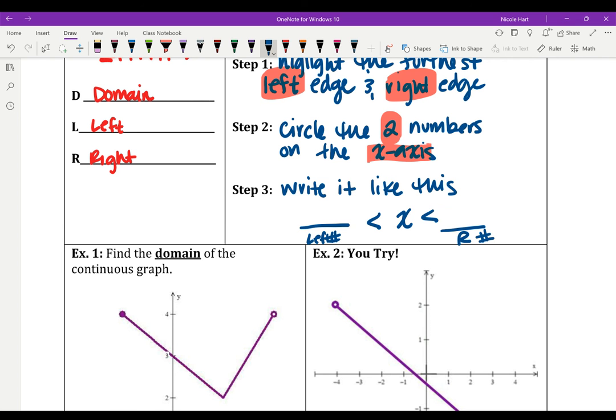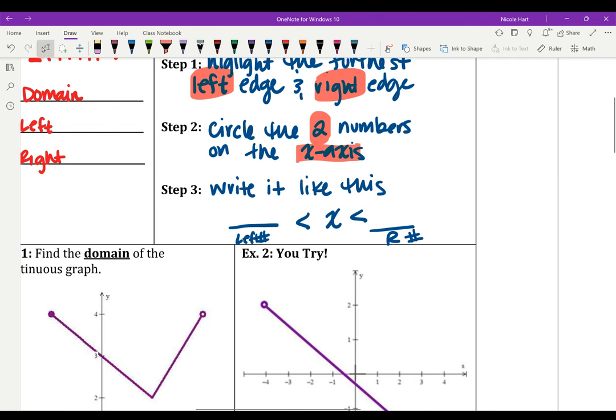Now, the symbols on this are going to depend on some key factors. So these 2 symbols, I'm going to put a note over here. It depends on open or closed circles.